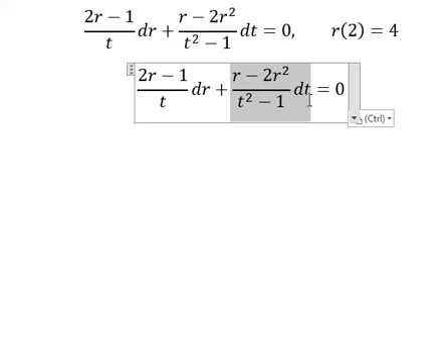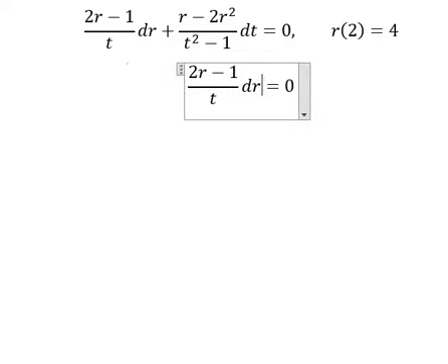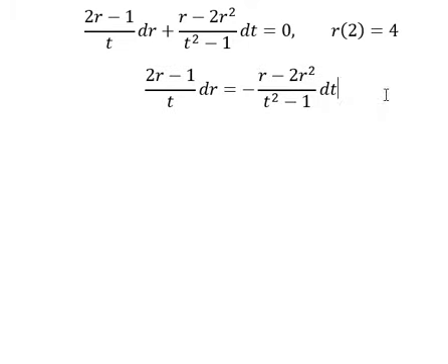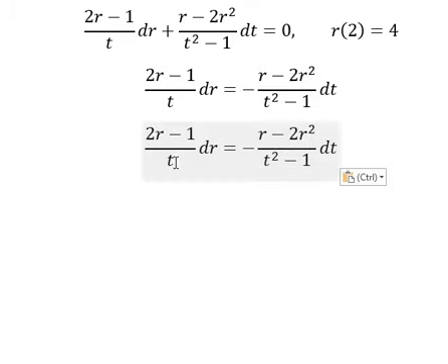I will put this one, go to the right. Next, I will put t on the right, r minus 2r squared on the left.